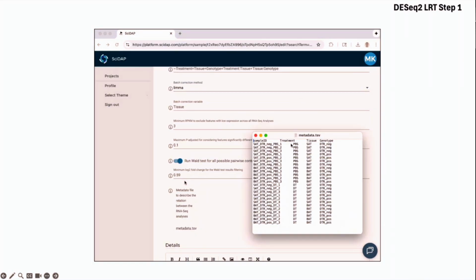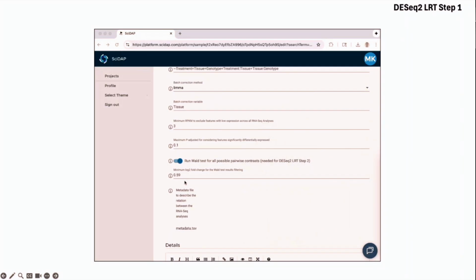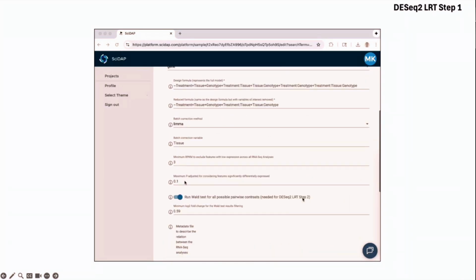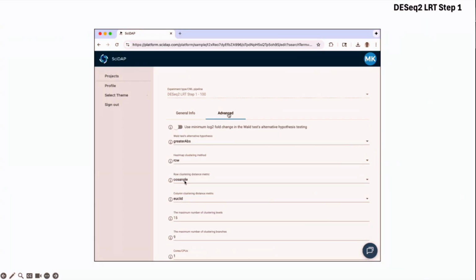So the first column includes the name of the samples that we selected, and all of the other columns can have arbitrary names, but you should use the same names in the design and reduced formula, so DESeq knows how the samples are grouped. Then on the advanced tab, you can provide some additional options, such as which alternative hypotheses will be tested in the Wald test.